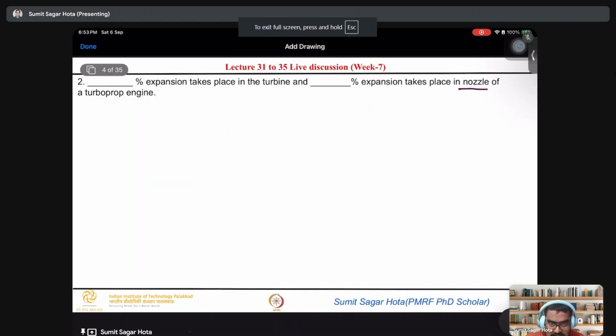So dash percent expansion takes place in the turbine and dash percent expansion takes place in the nozzle of a turboprop engine.